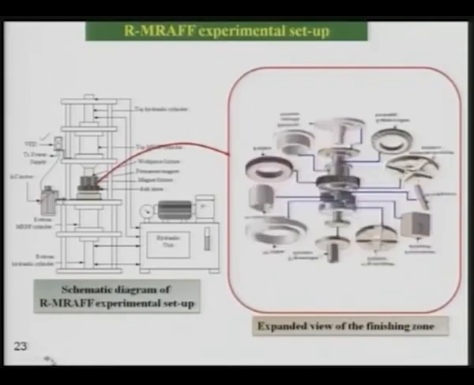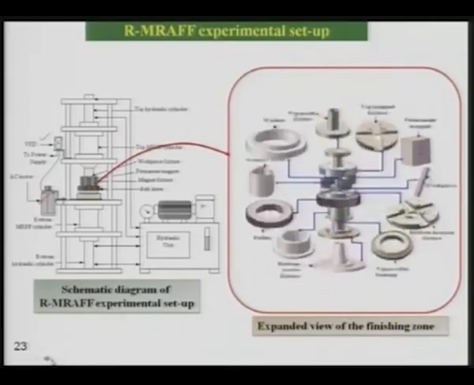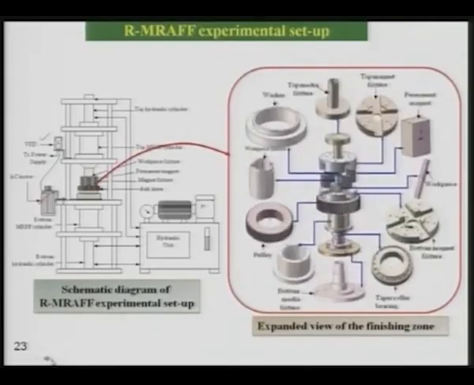And this is the expanded view of the setup that has been developed for this purpose. You can see here the permanent magnets, the workpiece, the workpiece fixture, and gears and connecting plates. When you rotate this, the whole setup moves.